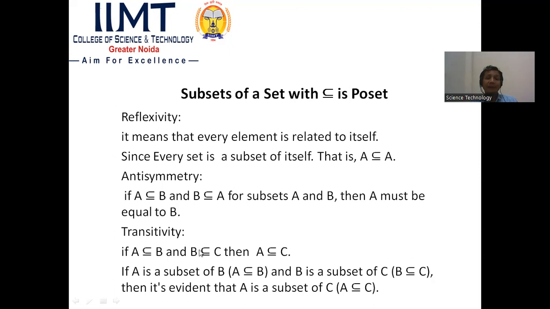Transitivity property again holds since A is subset of B and B is subset of C, then it is obvious A is subset of C since C is superset of both these sets.